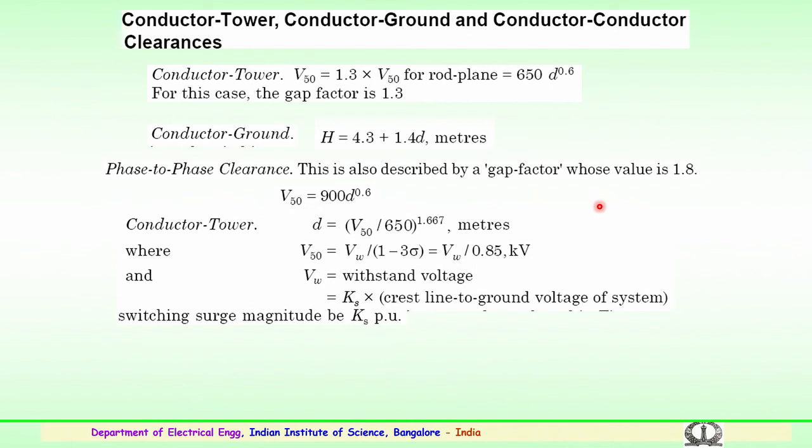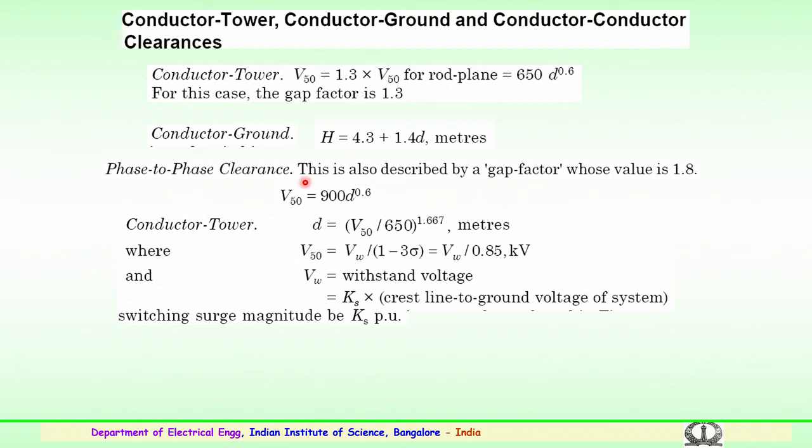It is given by a simple formula where V50 is equal to k times V50 for rod-plane type of arrangement, which is equivalent to 650 D to the power of 0.6. For this case, the gap factor is generally assumed to be 1.3. For conductor to conductor, H is equivalent to 4.3 plus 1.4d, d being the distance in meters.